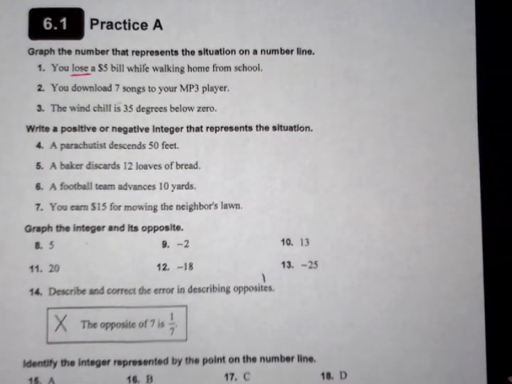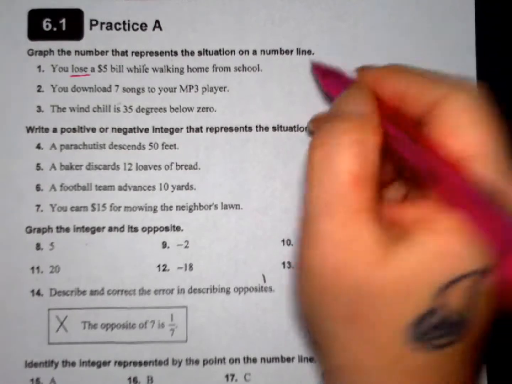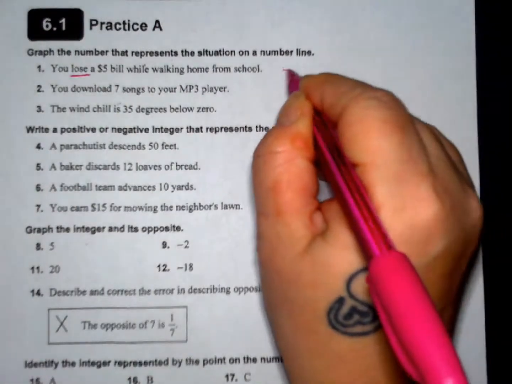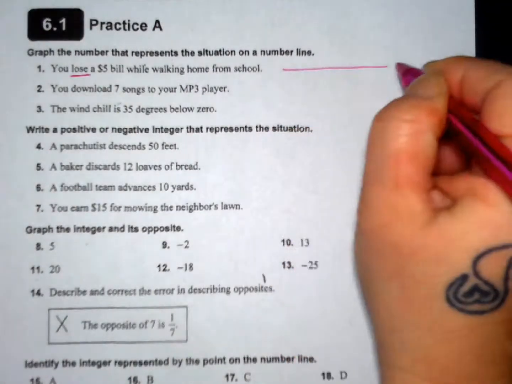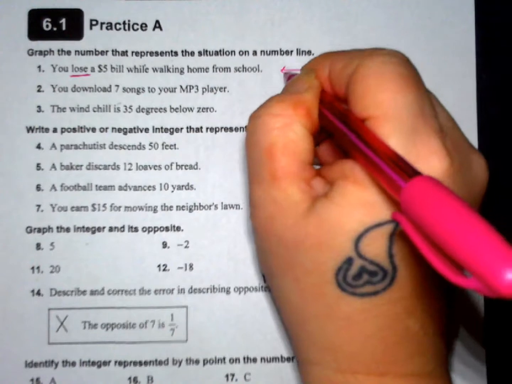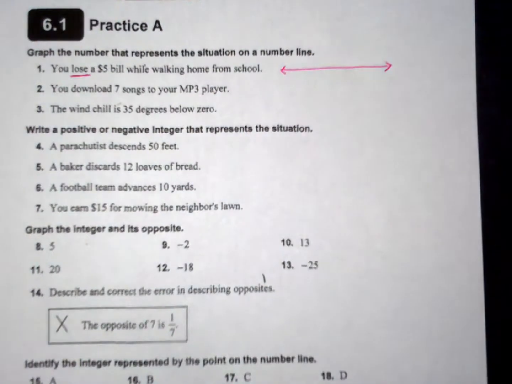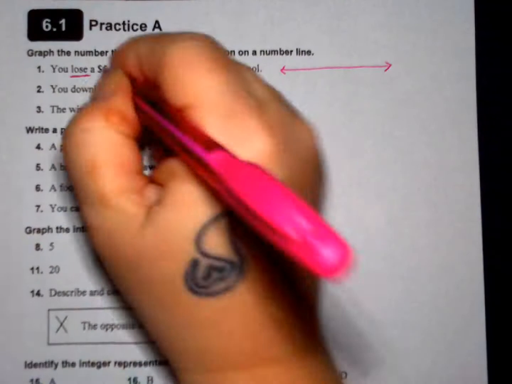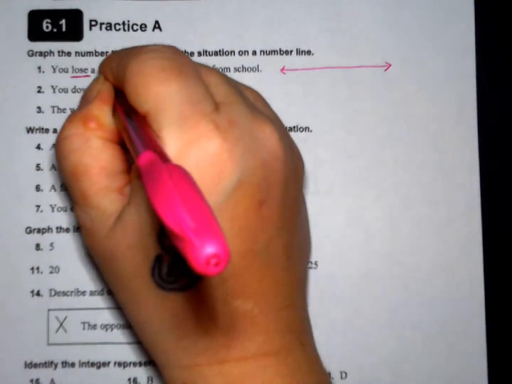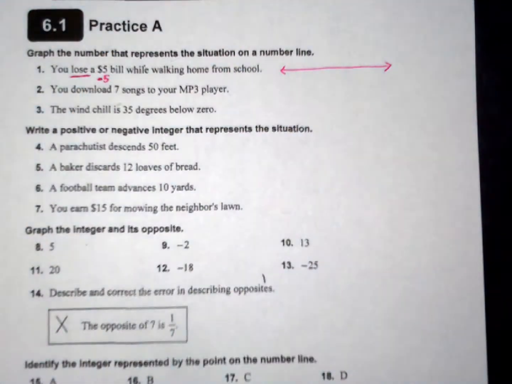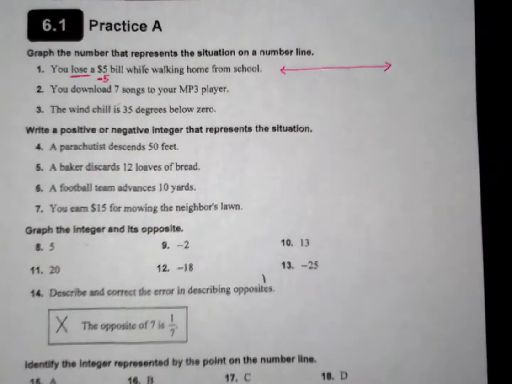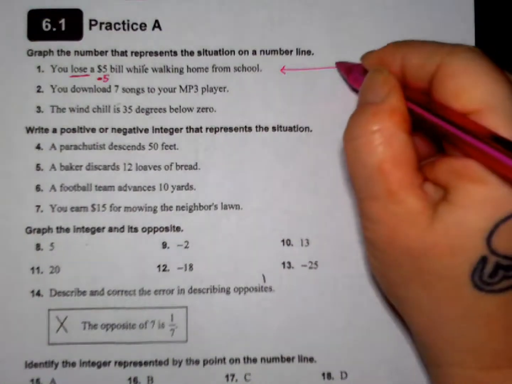Now it says to represent it on a number line. All right, so I would draw a number line. And in order to represent the -5, I have to have a 0 first.